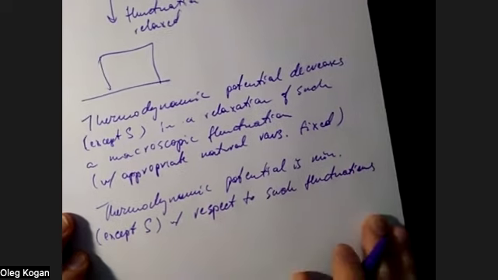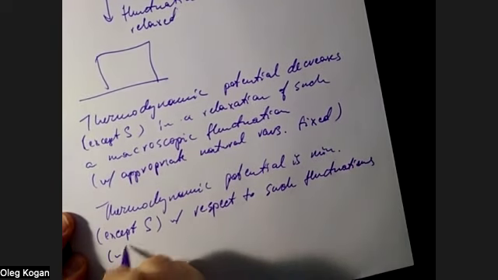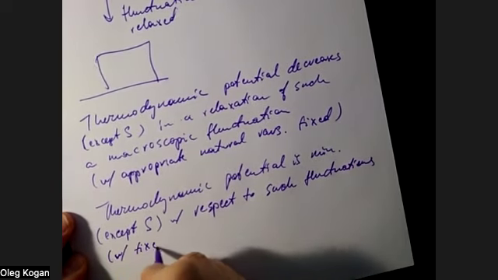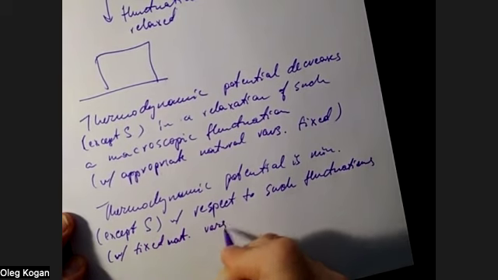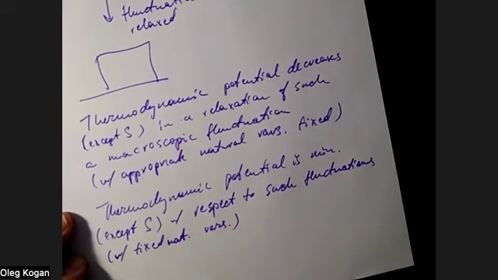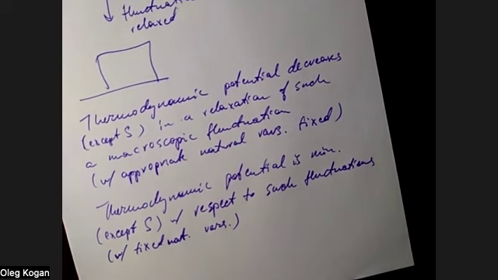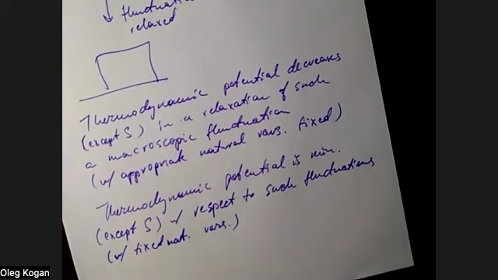We're talking about macroscopic fluctuations with fixed natural variables, okay? Moreover, the difference in the thermodynamic potential between the value it takes on in a fluctuation, that's why I'm saying it has to be a macroscopic fluctuation, so we can calculate the thermodynamic potential for such a fluctuation.